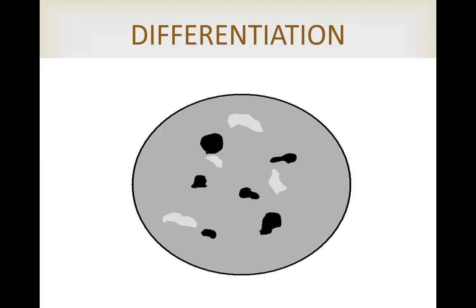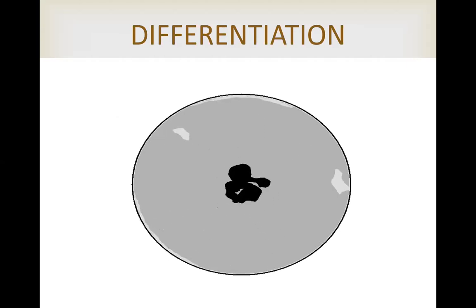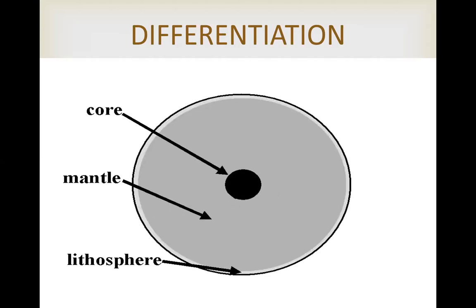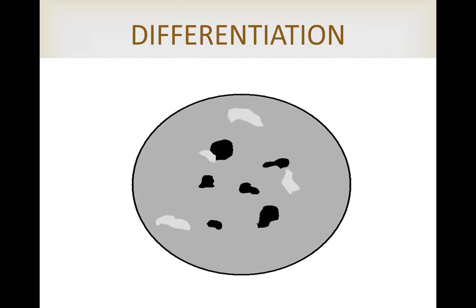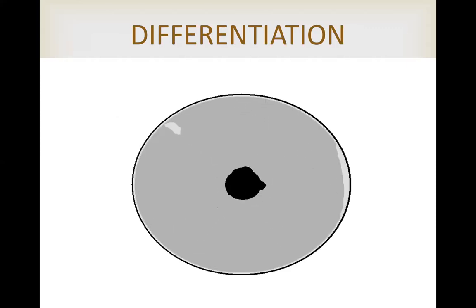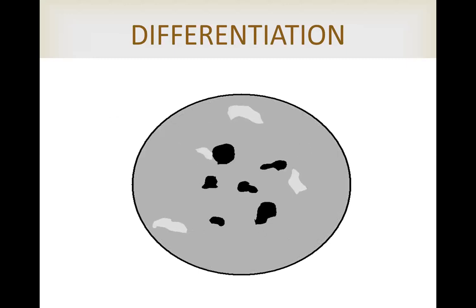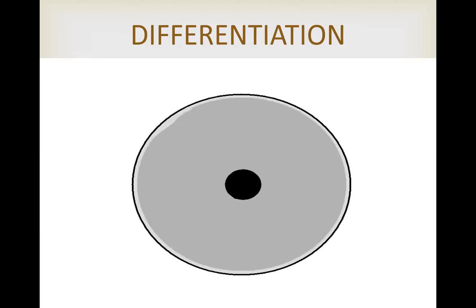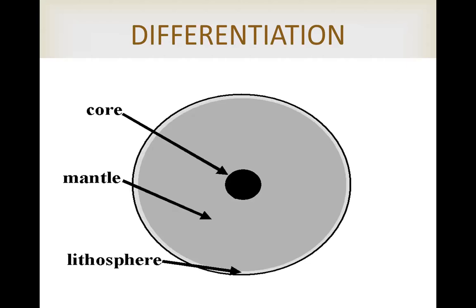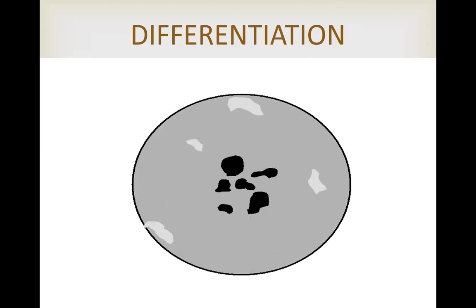We're going to talk more about those details in chapter 8. But it turns out that long ago in the Earth's past, the metal that made up the Earth, for the most part, and there are always exceptions because we know there's metal in the crust, but a large amount of the metal within the Earth sunk down to its center.